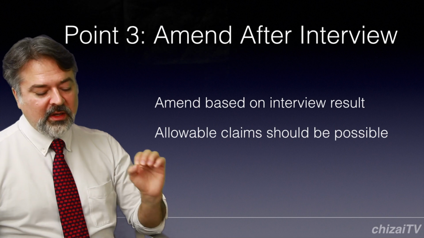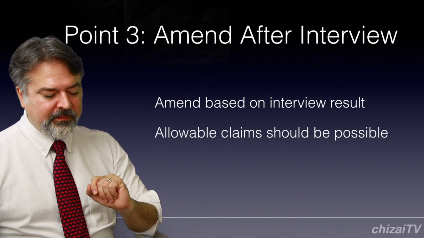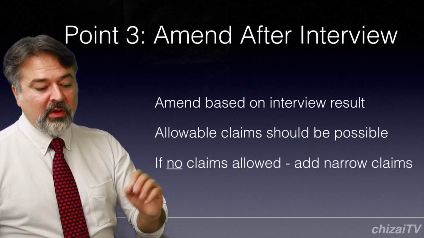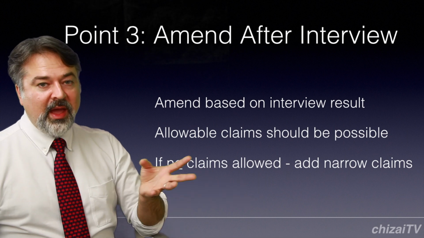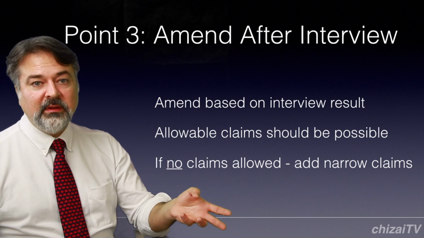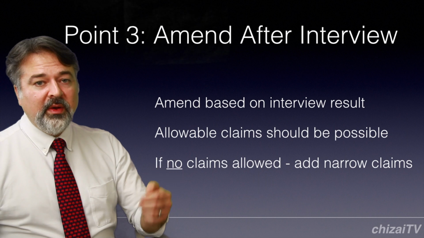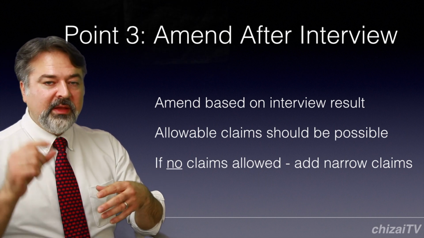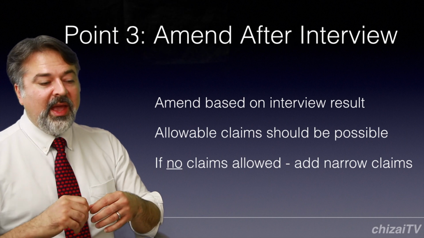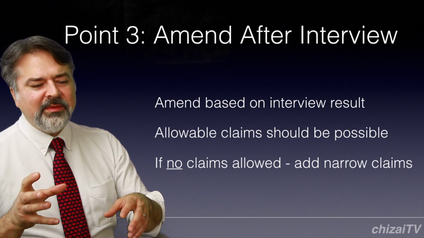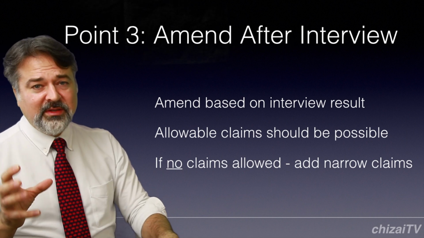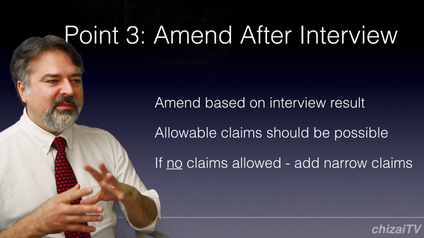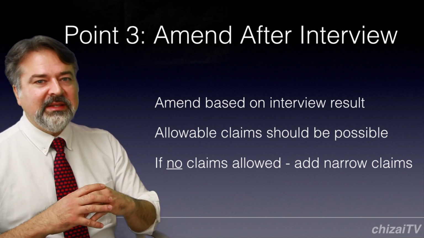So at this stage, allowable claims should be possible. If no claims are allowed, add some narrow claims to your amendment and make them very narrow. Usually in a Japanese application, I recommend looking at the specific embodiments and describing your figure in some detail, because sometimes the description is not so detailed.